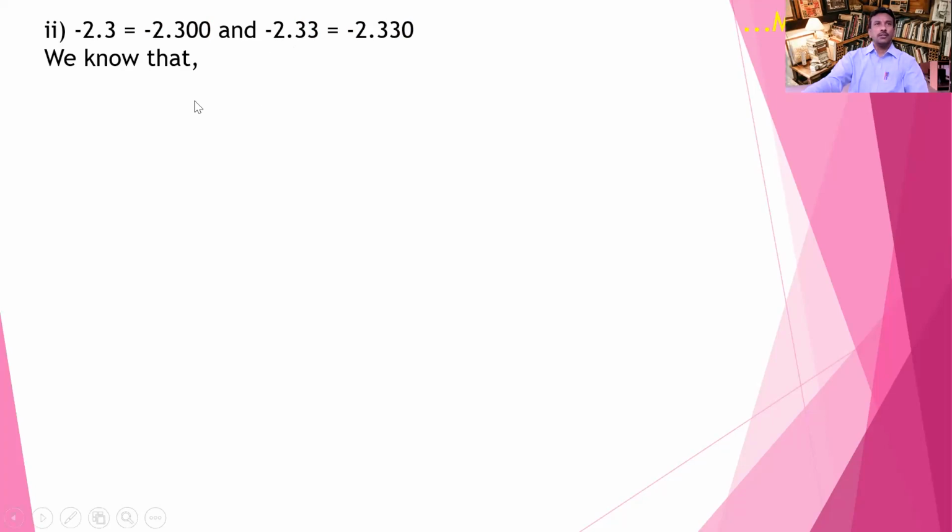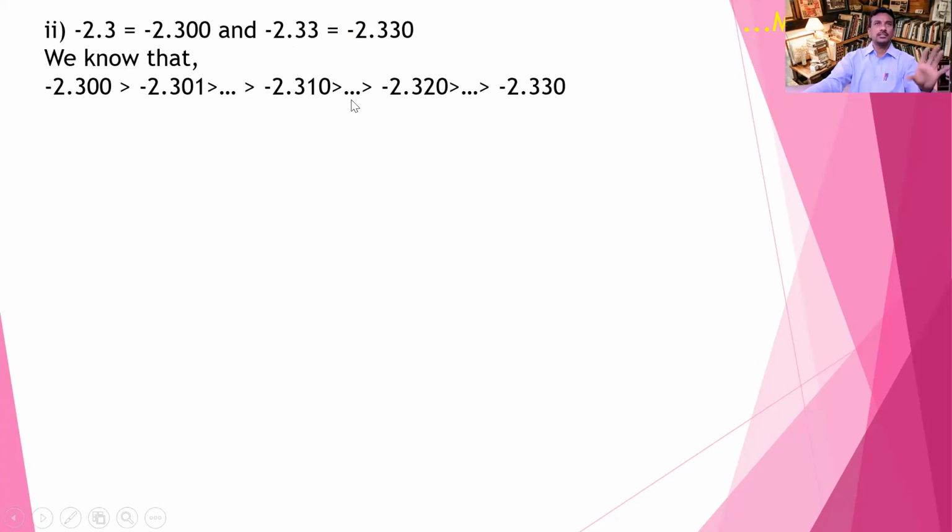We know that minus 2.300 is greater than minus 2.301 is greater than minus 2.302, and so on, after which minus 2.310 is again greater than, and so on, is greater than minus 2.320. Similarly it is greater than minus 2.330. Now we can write any three numbers in between first and last number.